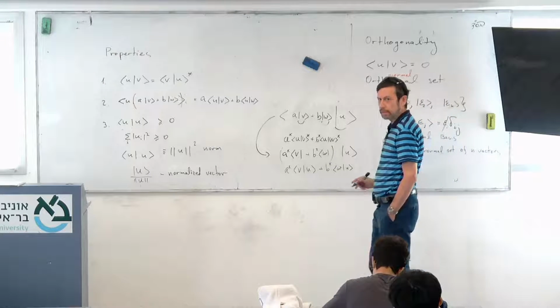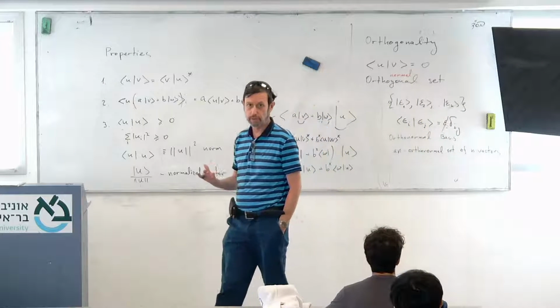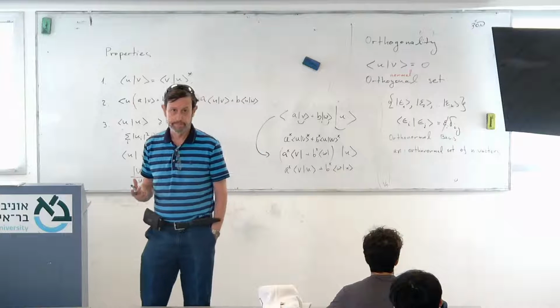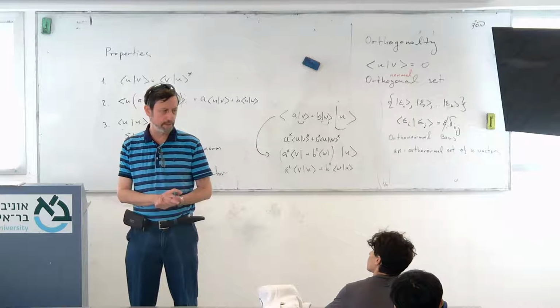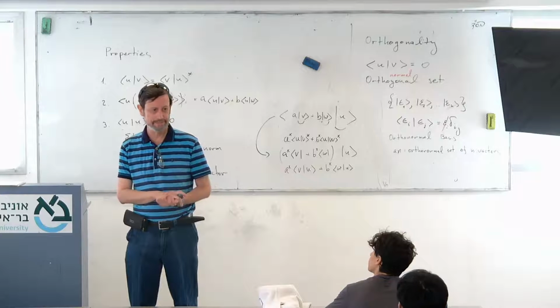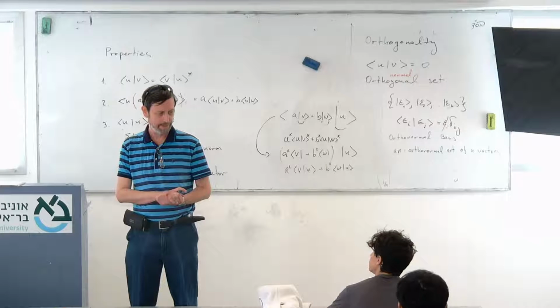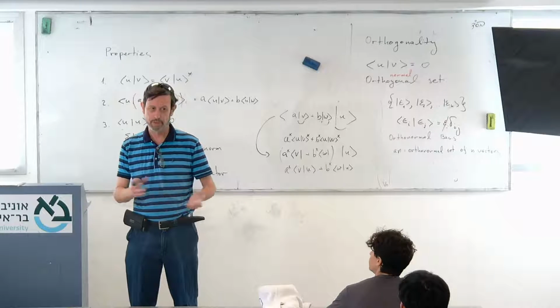Where n is the dimension of those things. Can I have an orthonormal basis with n plus 1 vectors? No, you can't.